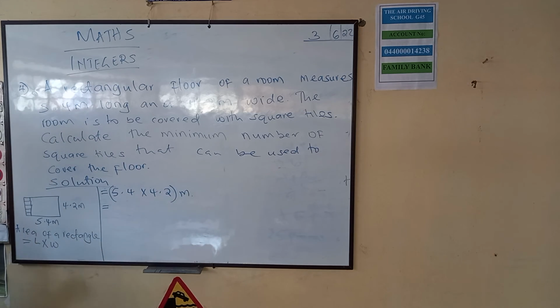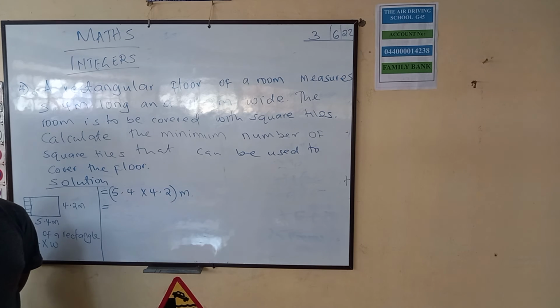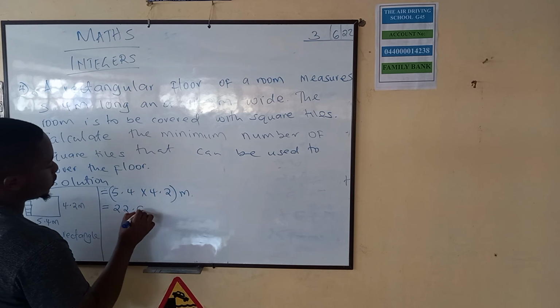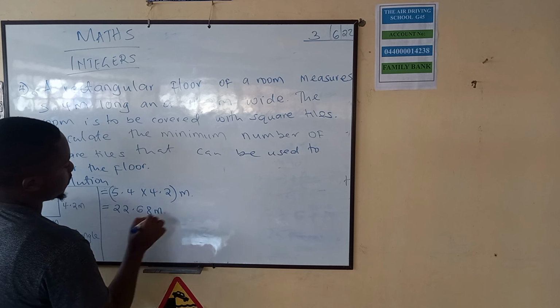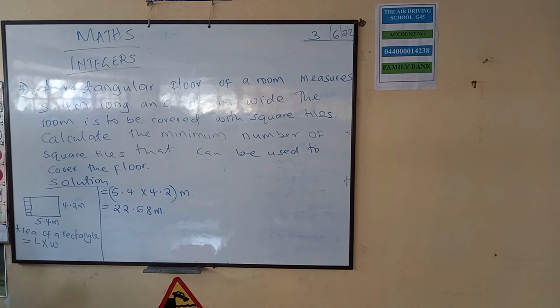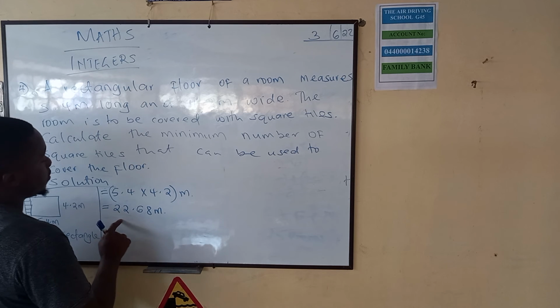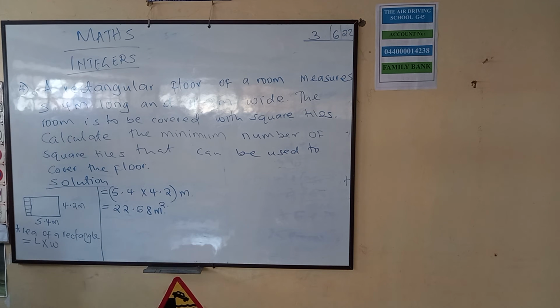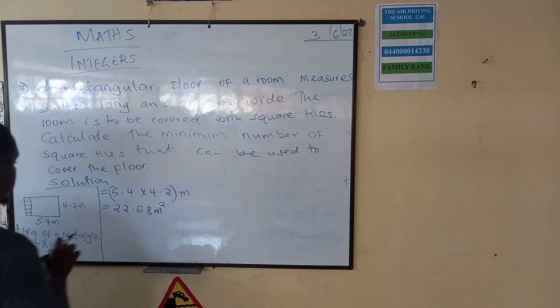Multiplying that, we get 22.68 meters. But since it is area, we put a square there: 22.68 meters squared.